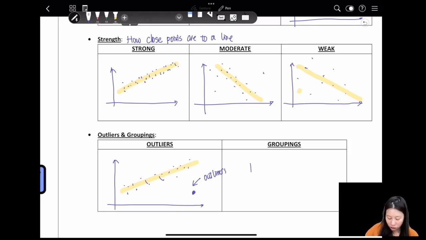Okay, and the last feature is called grouping. You may see that maybe they cluster into one group, and another cluster into another group. Maybe that's like when you're talking about a survey about how many hours you spend on study.